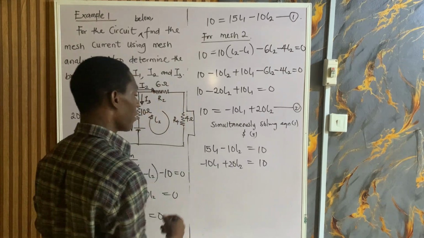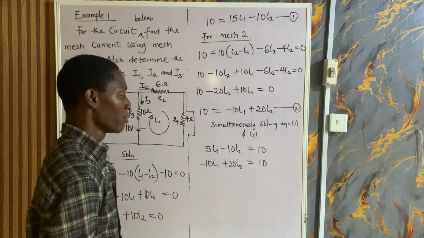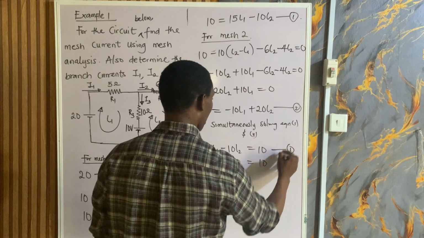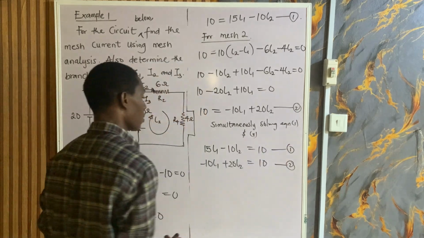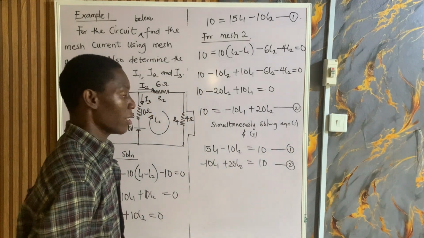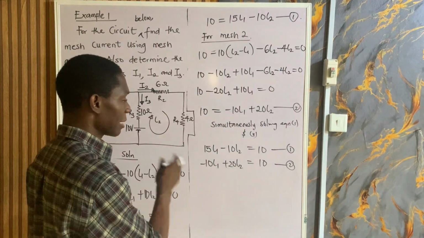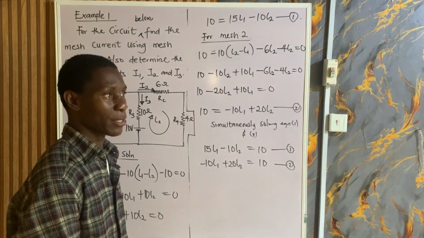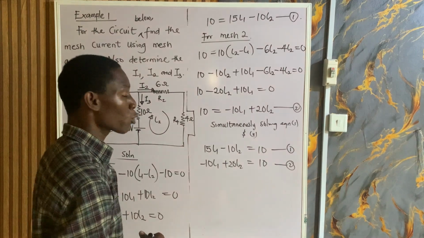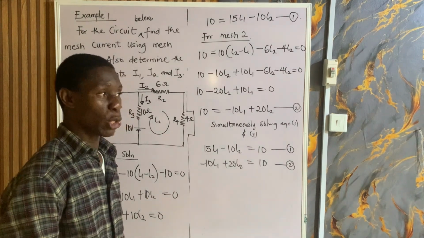Okay? Well, from here now, what do we do? This is equation 1 and then this is equation 2. Well, I'm not supposed to solve this simultaneous equation here because this study is not focusing on solving simultaneous equations. I assume that you ought to have prior knowledge of solving simultaneous equations.